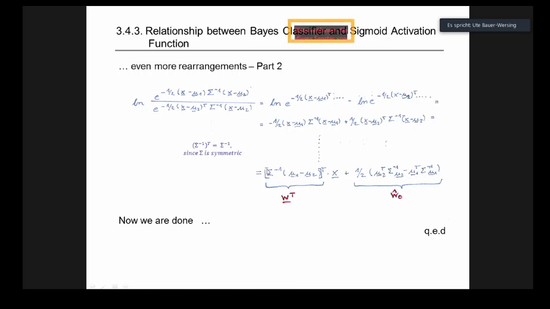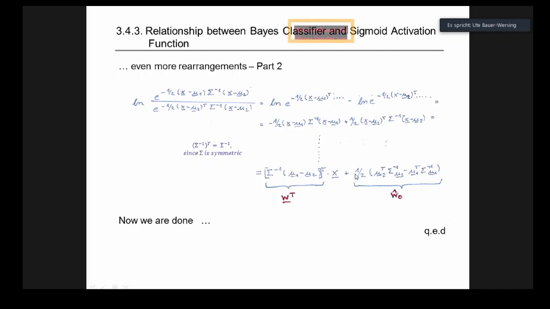It's the inverse of the covariance matrix times the difference of the mean vector of both classes transposed. And this is the weight vector. Right? The weight vector is given by this expression. So it depends on the mean vectors of the two classes and the covariance matrix, which is shared between the two classes.